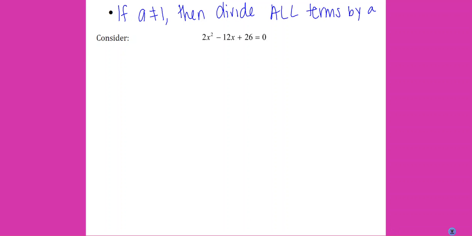The one thing I'll warn you also is you can sort of interchange the dividing by a and the getting the x's on one side and the constants on the other. And if you rearrange first, sometimes that can help you avoid fractions. In this case, everything is divisible by 2, so it doesn't matter. So we'll have x squared minus 6x plus 13 equals 0.